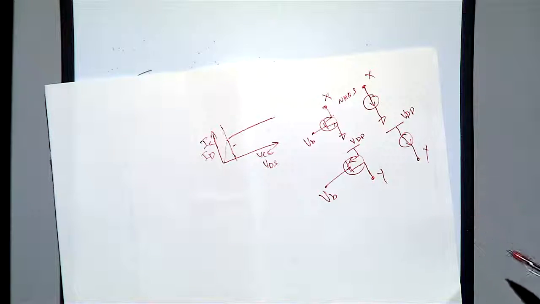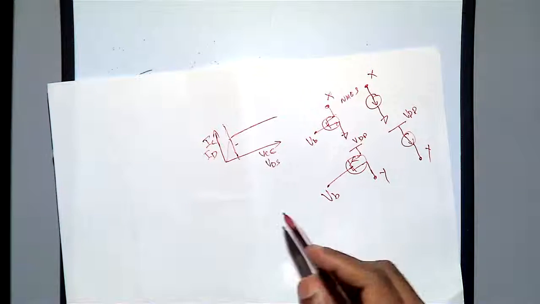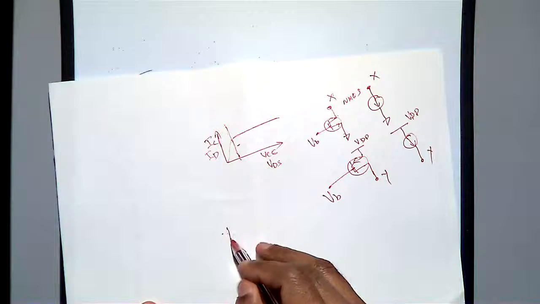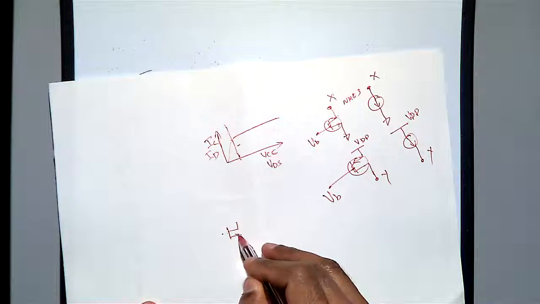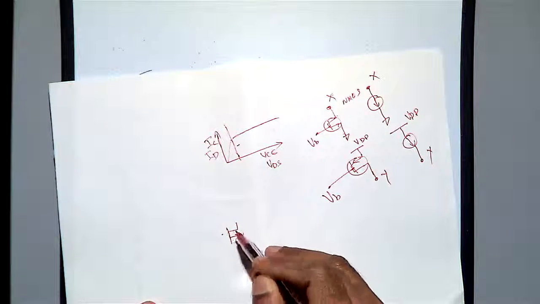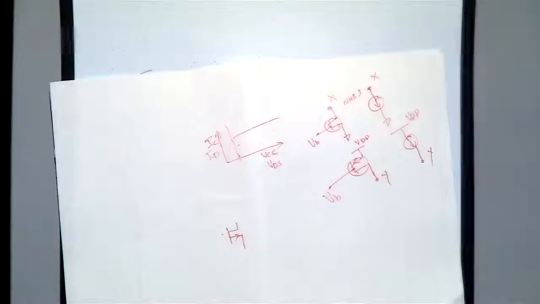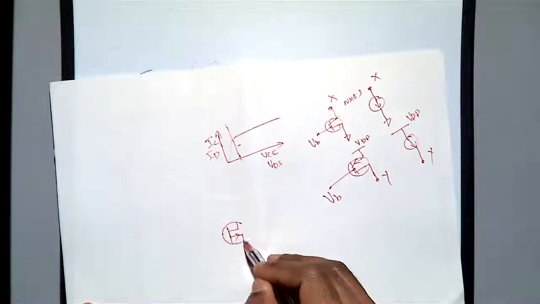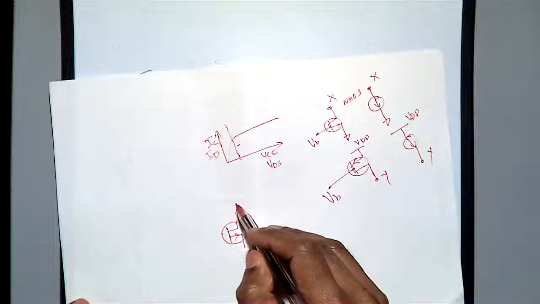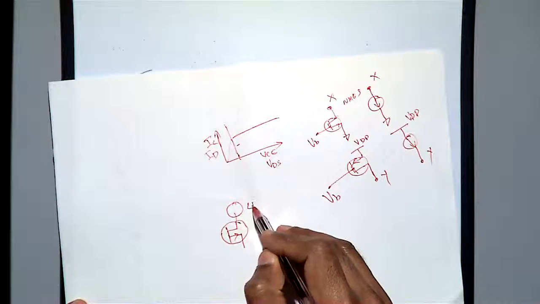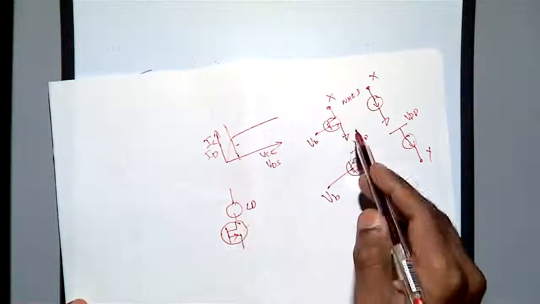This is a point Y. Suppose we are connecting the laser diode. Nobody will connect it like this, because this is just for understanding; people will use a more sophisticated circuit when using a current source. So you connect a laser diode, LD, here.